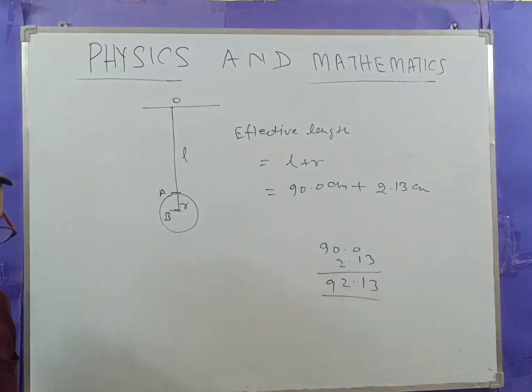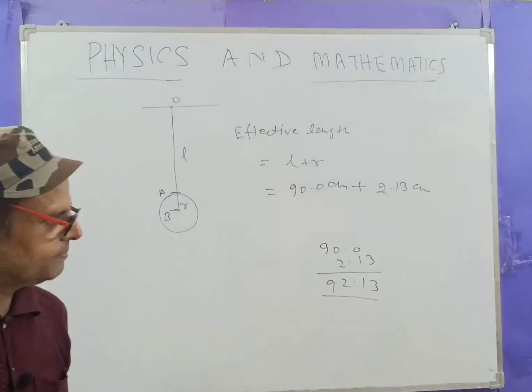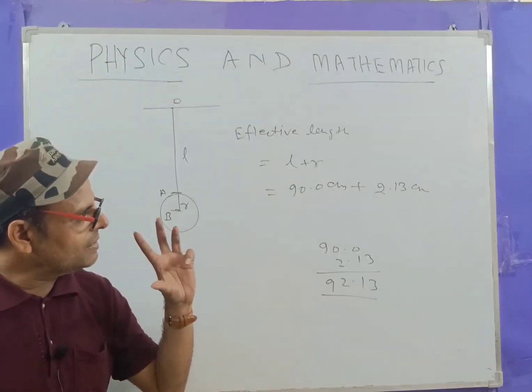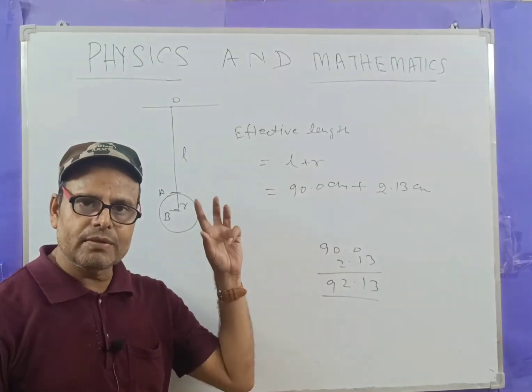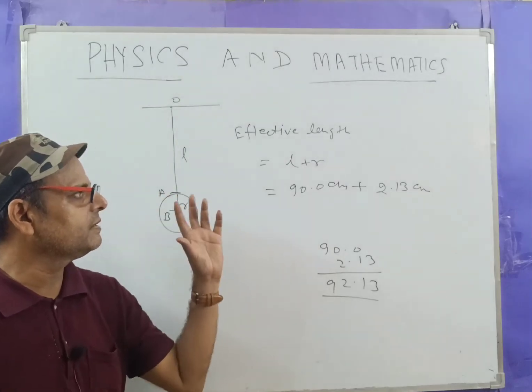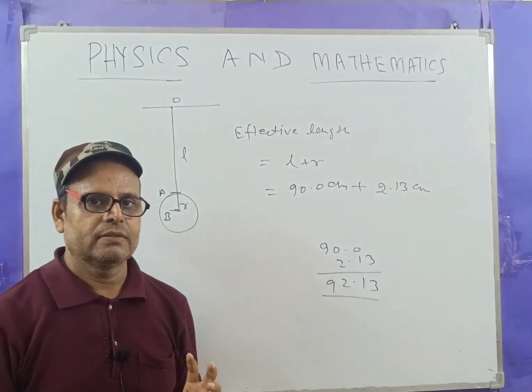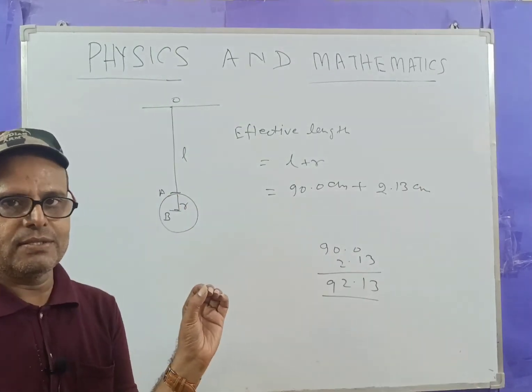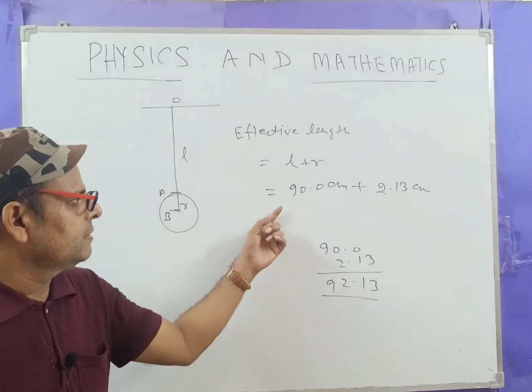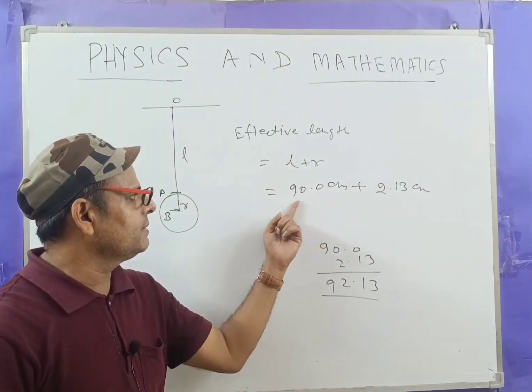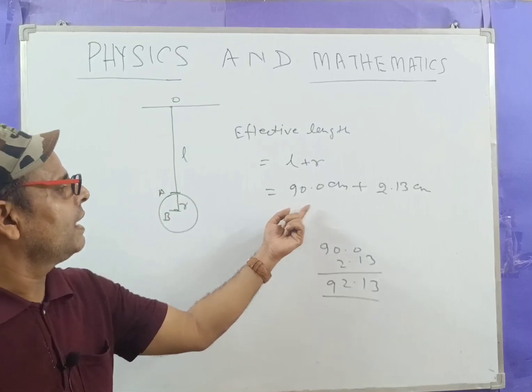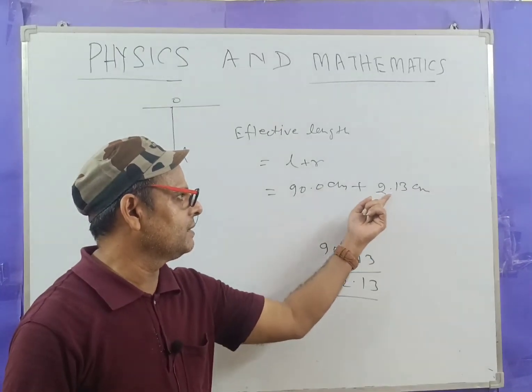But the answer, the significant figure, the minimum number of significant figures in any measurement, that is here there are 3 significant figures and 3 significant figures also here.